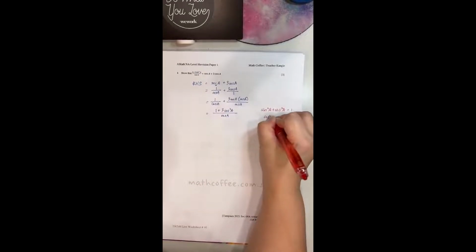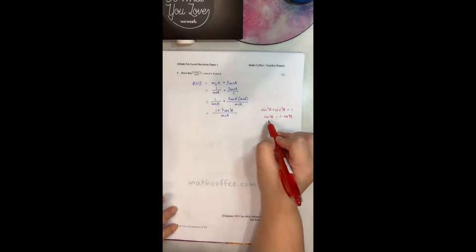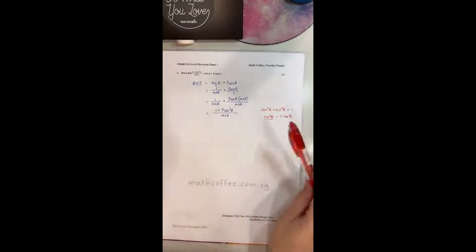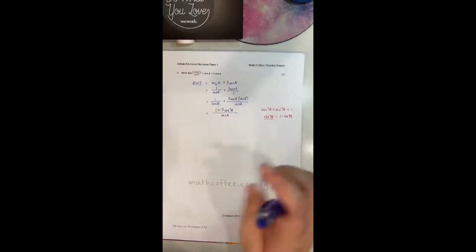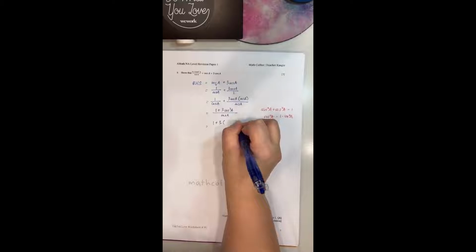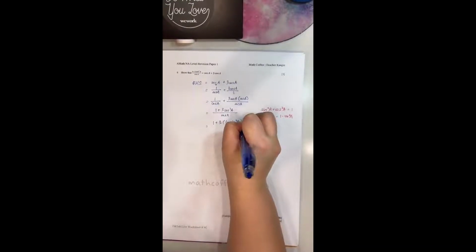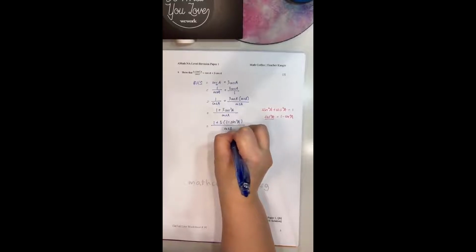So cosine square A will be equals 1 minus sine square A. So with this, we can change our cosine square A to become sine square A. So what you do is 1 plus 3 bracket 1 minus sine square A over cosine A.